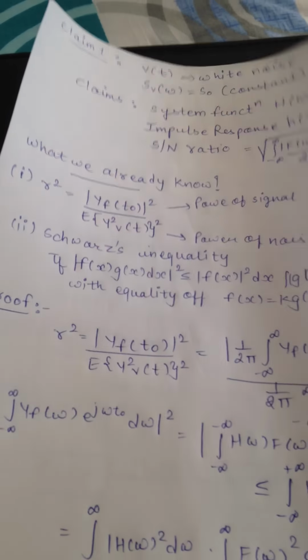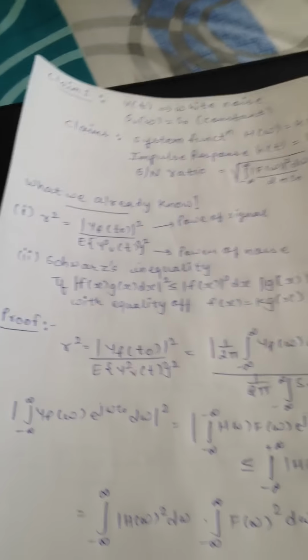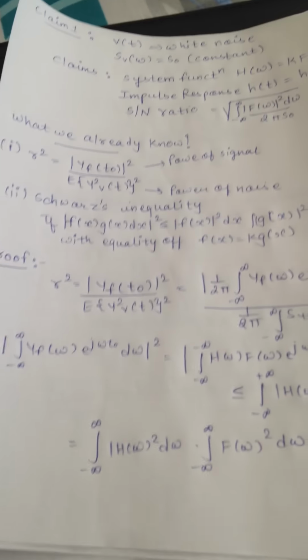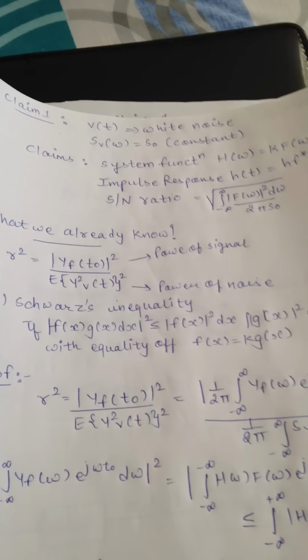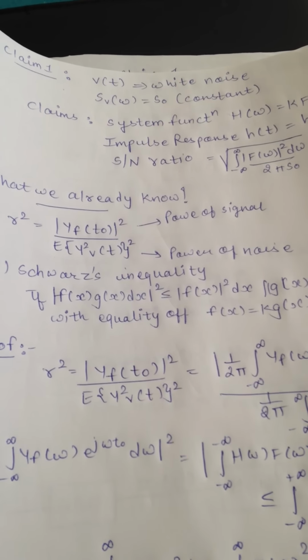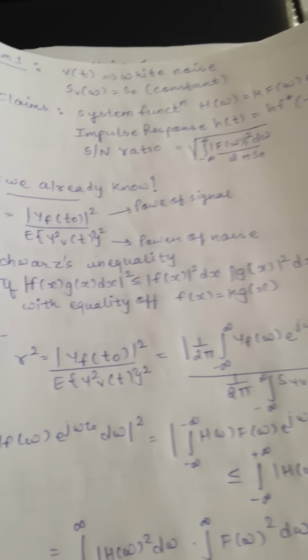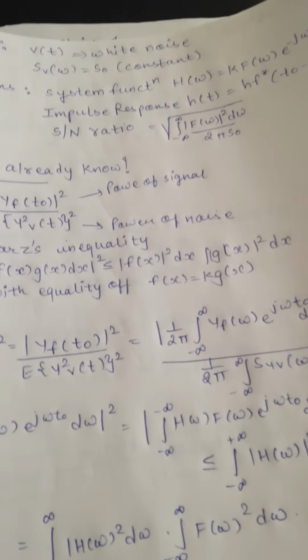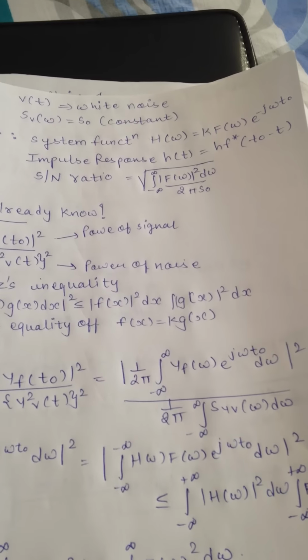Now let's move on to the two claims that are very necessary in order to study matched filters. Firstly, claim 1, in which v of t is given as white noise, and S_vv of w, the power spectrum, is given as constant. So we have three claims to prove.